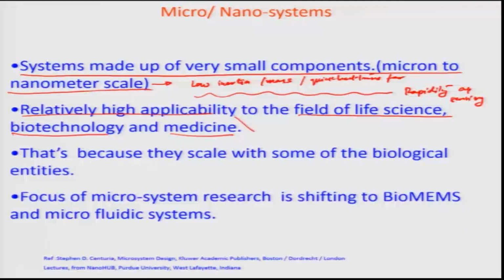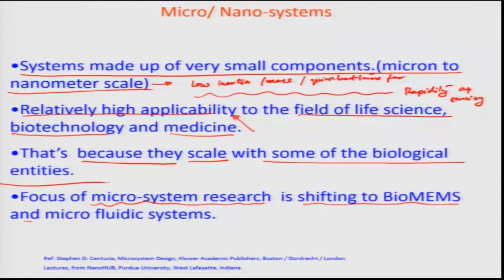Why is there a relatively high applicability of micro and nano systems to the field of life sciences? Principally because the elements we are talking about size and scale with some of the biological entities, and research in such systems is typically shifting to bio-MEMS and microfluidic systems.